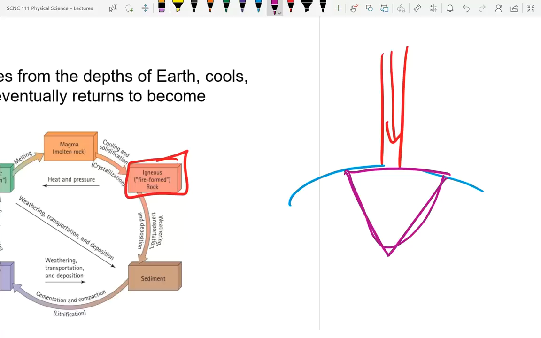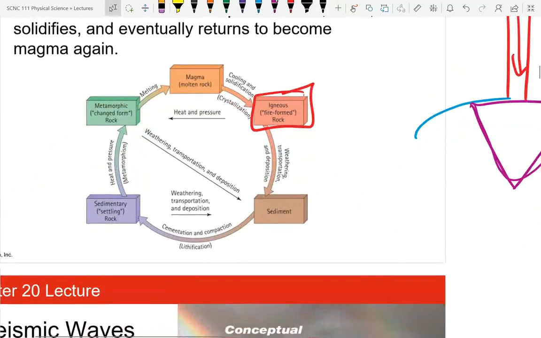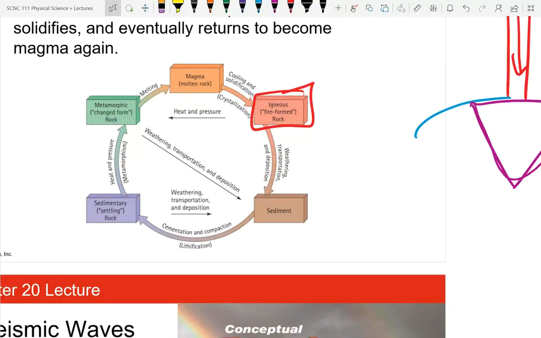And so that delta is produced by the sediment being laid down because the speed of transport slowed down. It drops sediment out of the fluid, making the layers of sediment, which over time, with pressure and chemical change, can become cemented into a single rock. And then you have sedimentary rock.